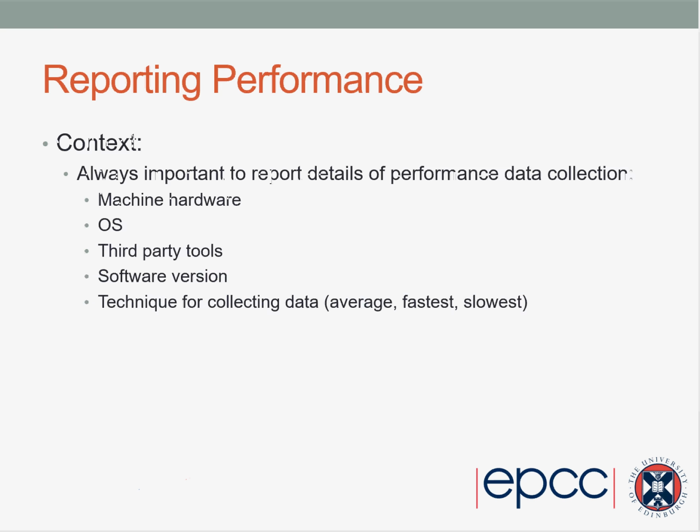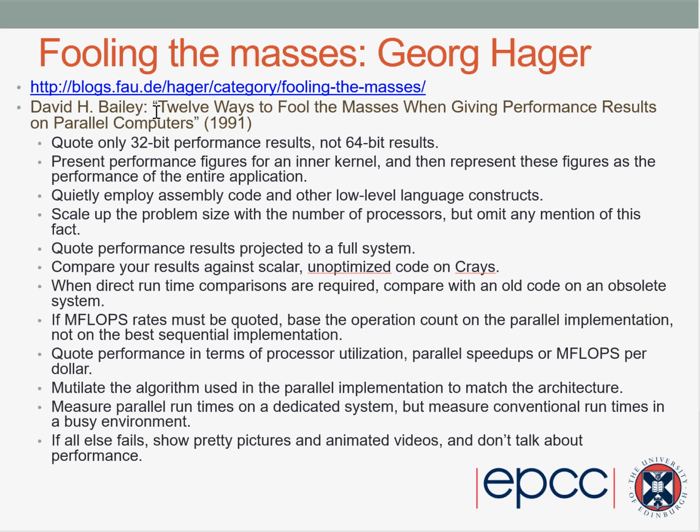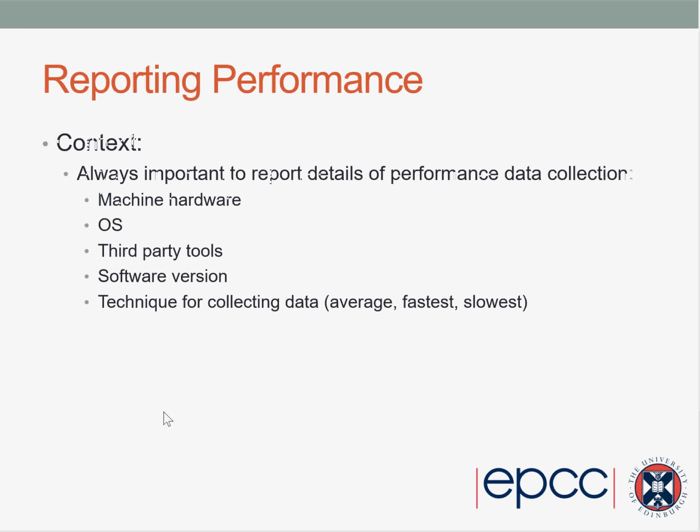So go and have a look at George's blog post and the original article. It's worth reading up on, and in the end, think about the performance data, or whatever data it is you're trying to display.